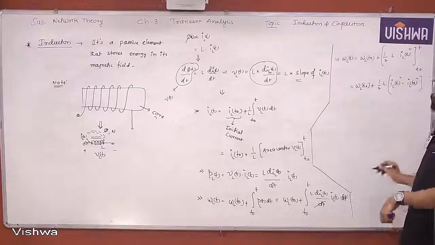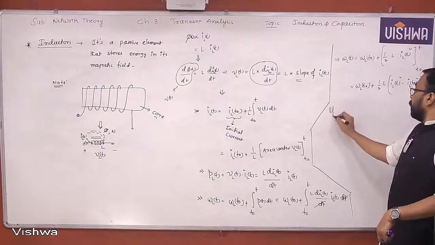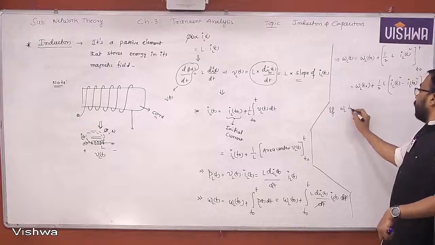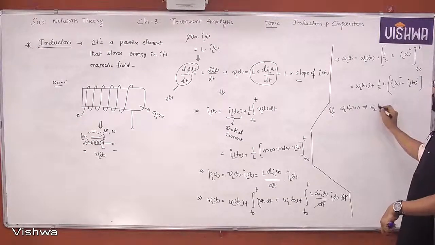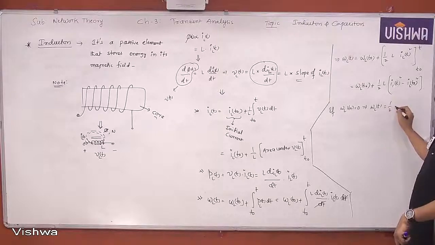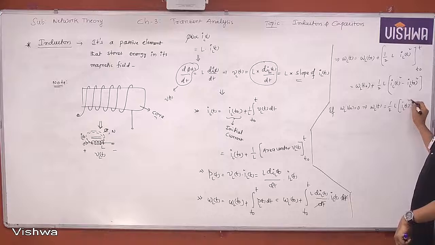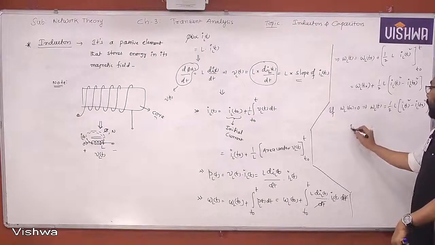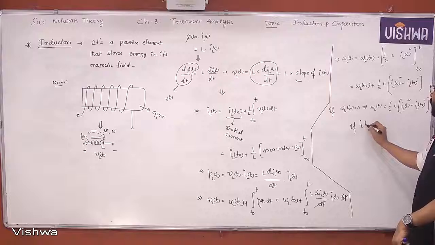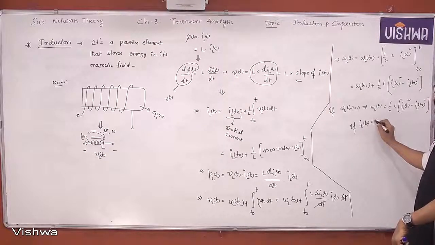Yes or no? Now if WL of T naught is 0, then WL of T will become half L IL of T square minus IL of T naught square.